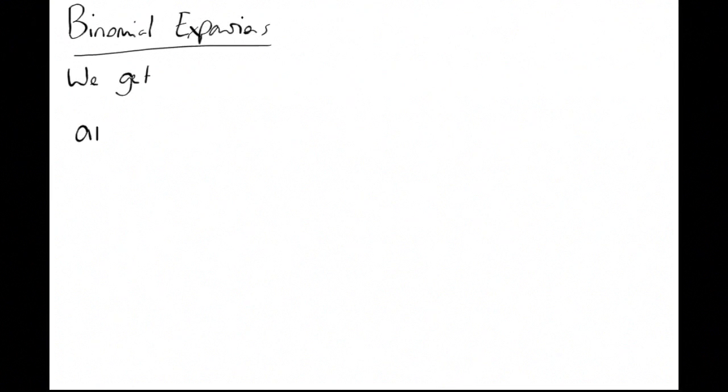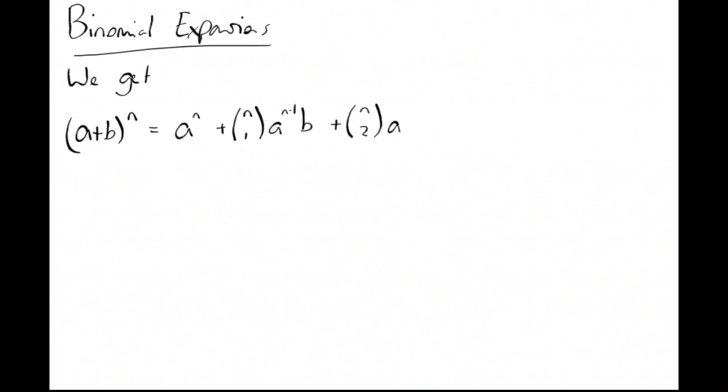So we'll have a look at an example of a binomial expansion. We get a plus b to the n equals a to the n plus n choose 1, a to the n minus 1 b, plus n choose 2, a to the n minus 2, b squared, plus all the way up to n choose r, a to the n minus r, b to the r, and so on until the end.